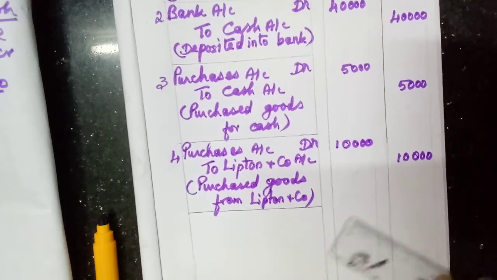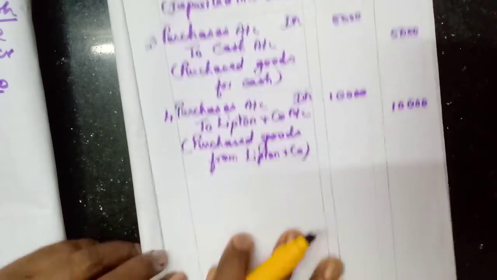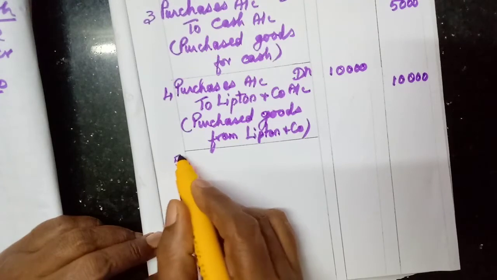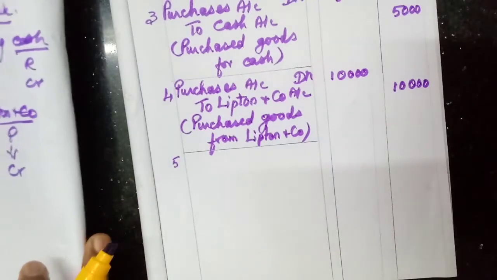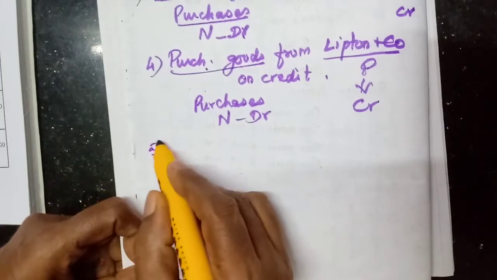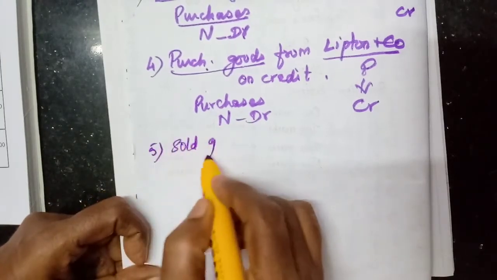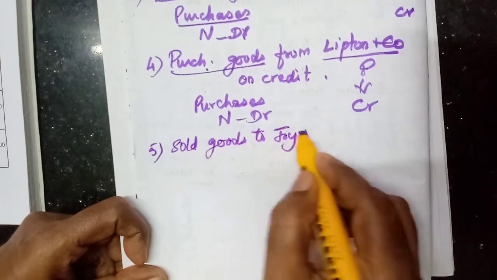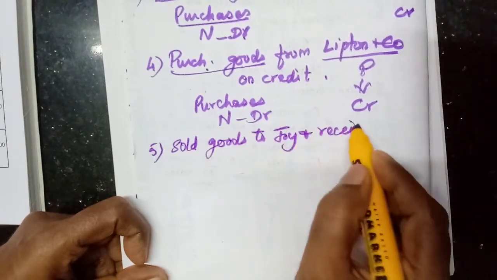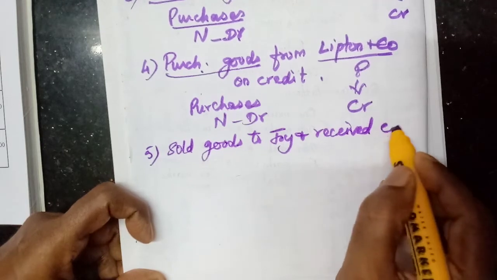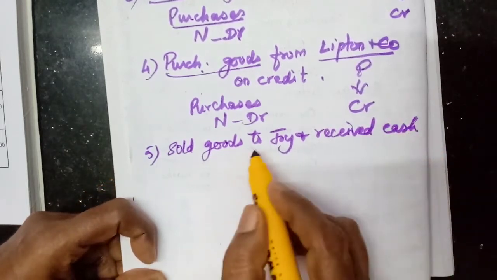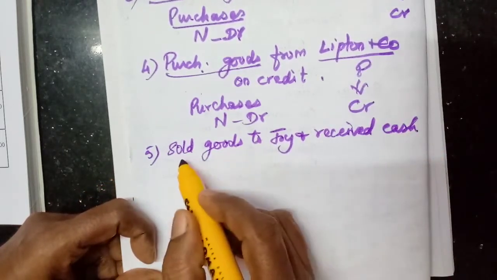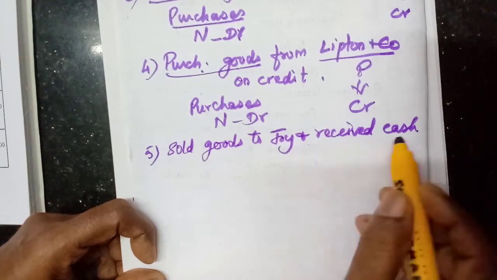Then next one. 5. Transaction is sold goods to Joy and received cash. So it is a cash transaction, isn't it? We sold goods to Joy and received cash.